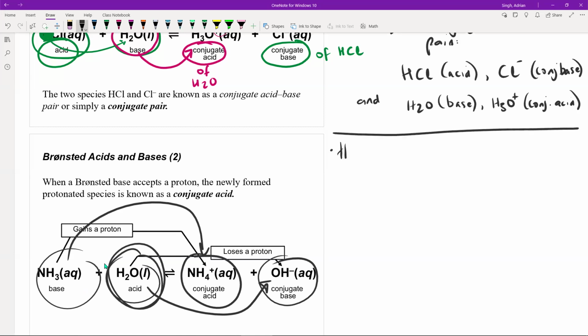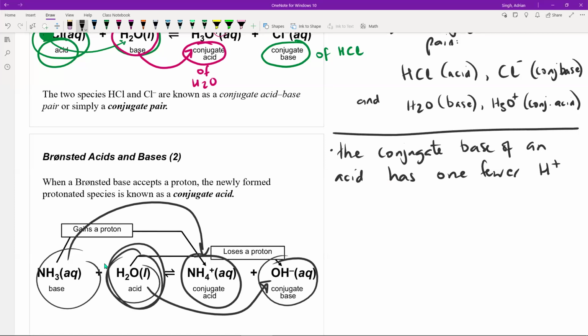We can say that the conjugate base of an acid has one fewer proton, and this is generally something we can apply to all situations, whereas the conjugate acid of a base has one more proton.